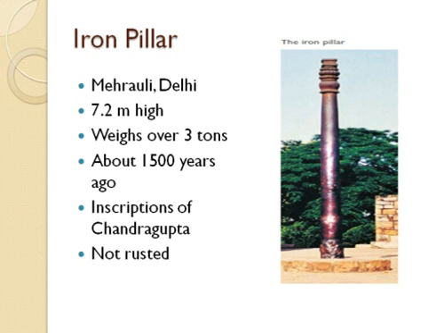We know the date because there is an inscription on the pillar mentioning a ruler named Chandra, who probably belonged to the Gupta dynasty. The amazing fact is that the pillar has not rusted in all these years. So this was about the iron pillar.